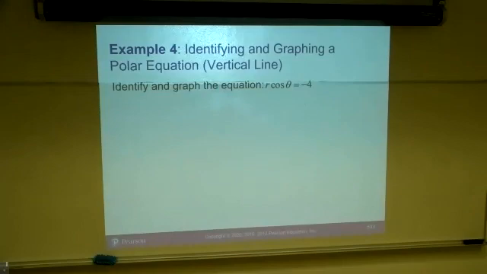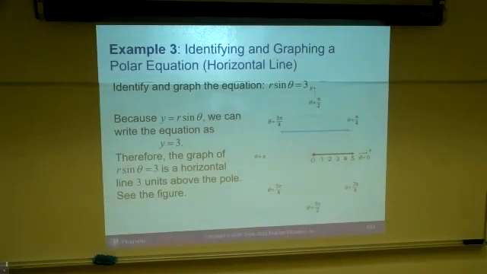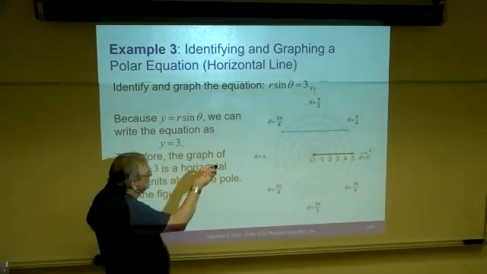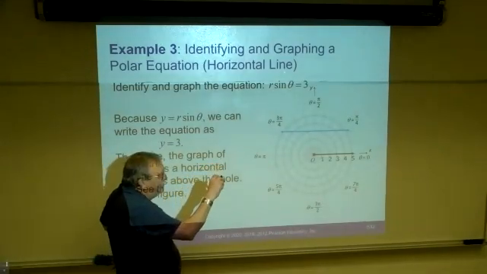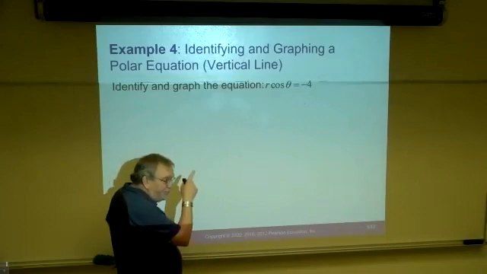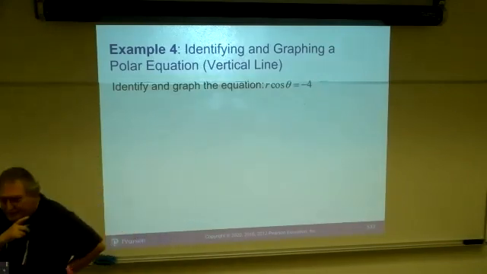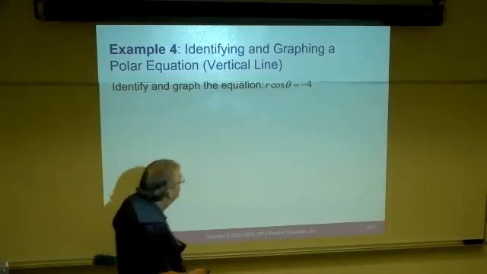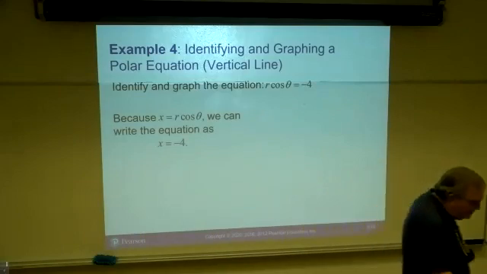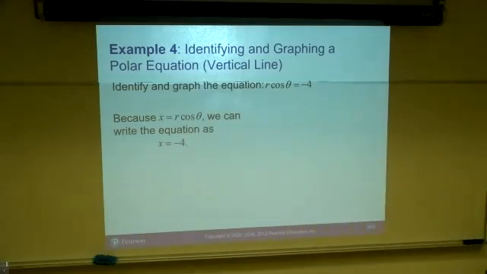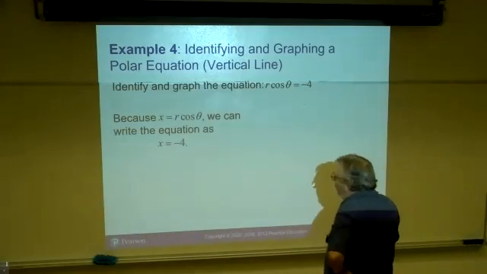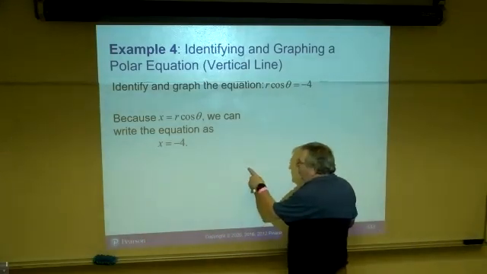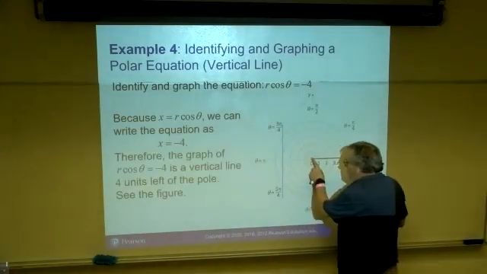So r cosine theta equals -4. Well, that's a lot like this one, except it's cosine instead of sine. So guess what this is going to look like? A vertical line. Because r cosine theta is x, so that's x equals -4. So it's 4 units to the left of the pole.